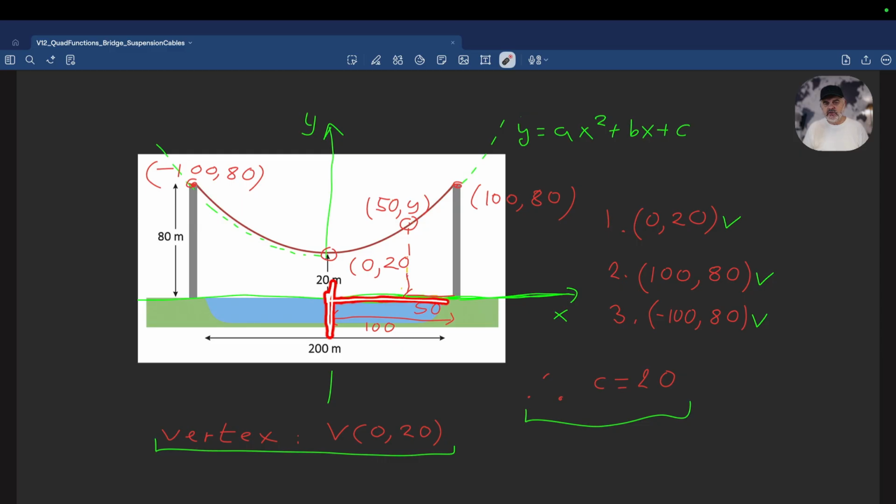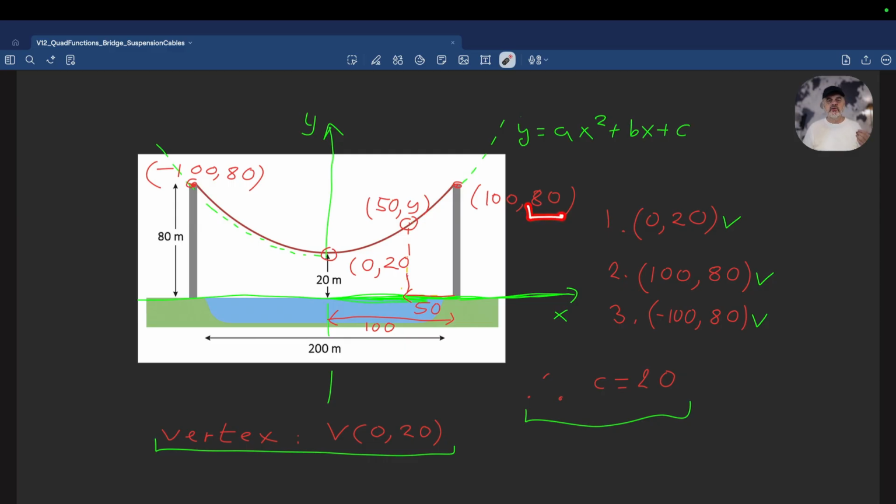So 100 to the right and 100 to the left. So naturally, in a Cartesian plane context, this point here would have a negative x coordinate 100 and positive y. This point here has positive 100 for the x value and 80 is for y.